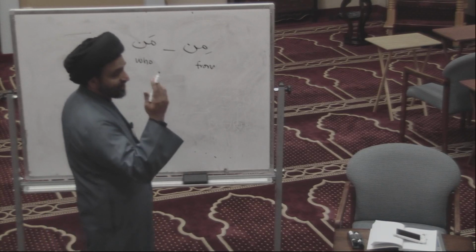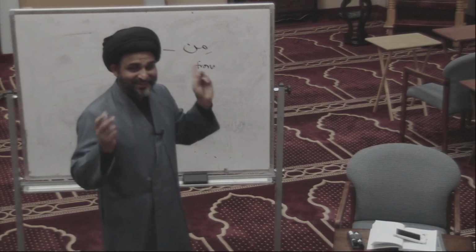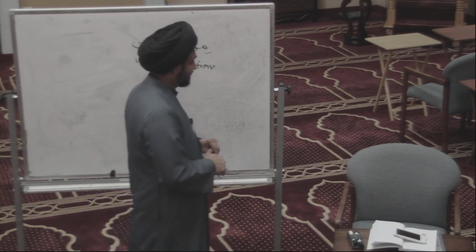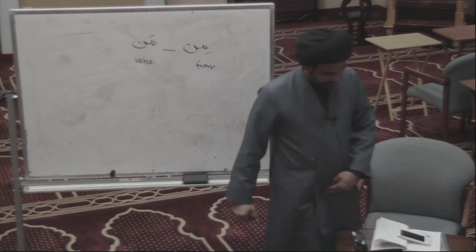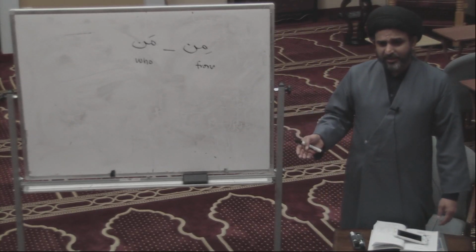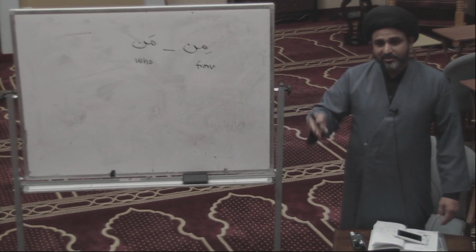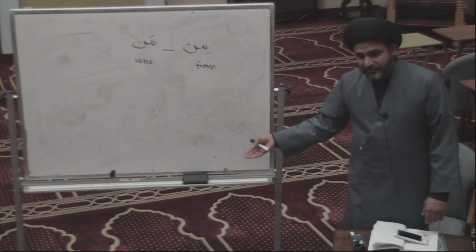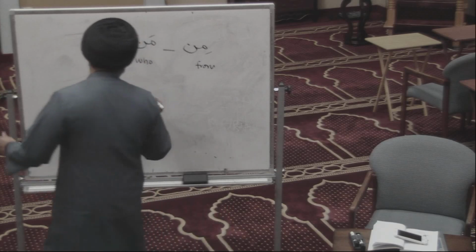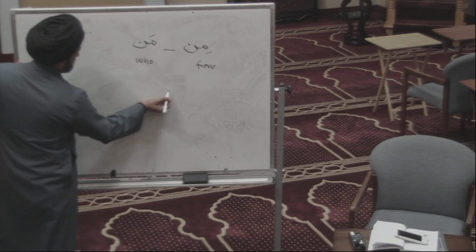Min al-Masjid al-Haram ila al-Masjid al-Aqsa. So keep that example in mind. From Masjid al-Haram to Masjid al-Aqsa. So man is the possessor here, that person. Instead of naming Ali or Abbas or Hassan, it said sayyaratu man. Now, sayyara is used as a common noun, right?